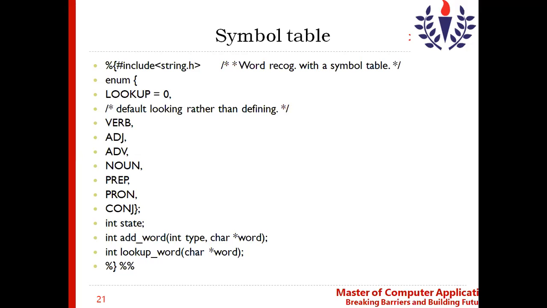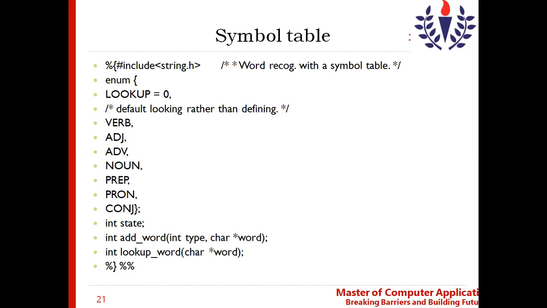Initially, the Lex program starts with the definition section, in which the enumerator variable will be created. The enumerator variable represents the different types of verbs. As you know why this problem has to be solved: when you recognize words, you create a rule section in which the patterns are given.